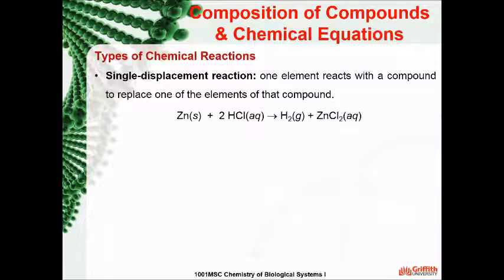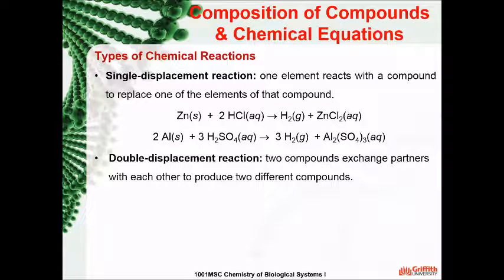For example, zinc plus 2HCl forms H2 plus ZnCl2. 2Al plus 3H2SO4 forms 3H2 plus Al2(SO4)3.